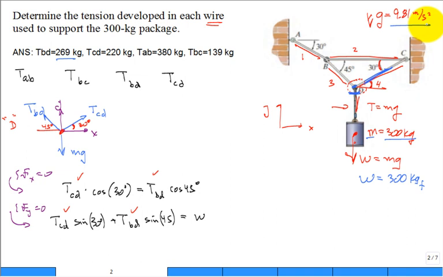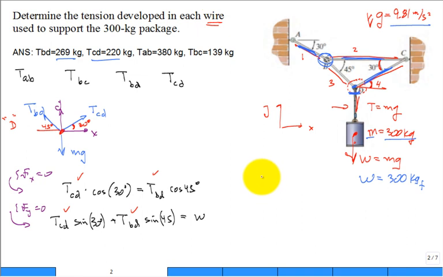Okay. And then this was the tension in C to D. So we solved for those two. How do we go and get the tension in A to B and B to C? Well, we're going to focus on the free body or particle or point diagram for the ring at B. So you get really good at these.